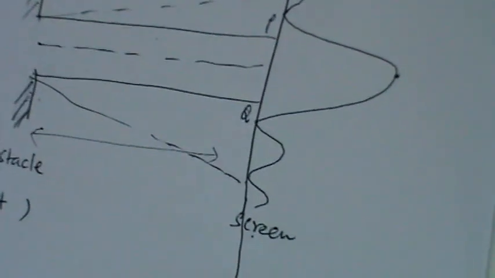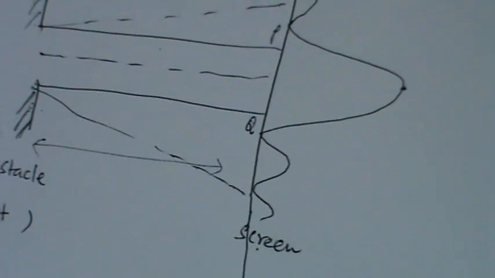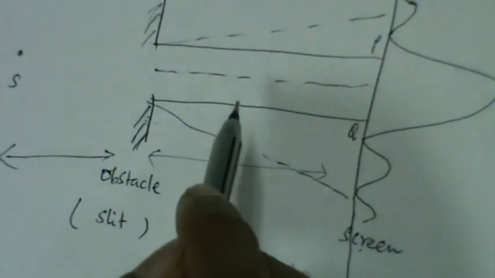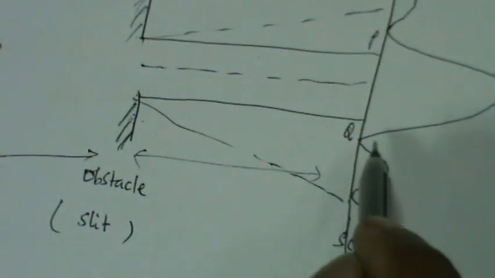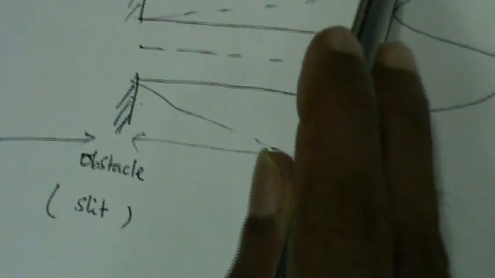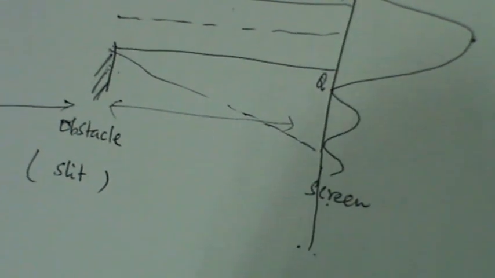So what in the first part we will be doing is that you will be given a slit of particular width, and that has to be determined through the diffraction phenomenon which we will observe on the screen.